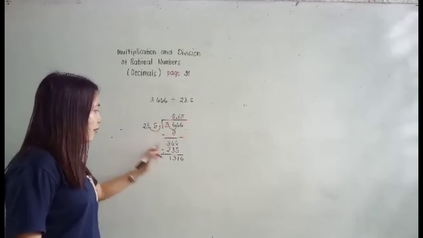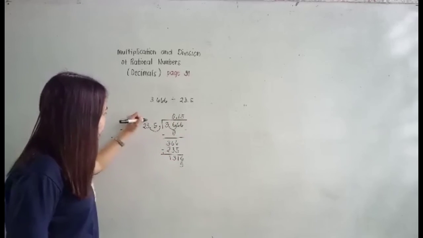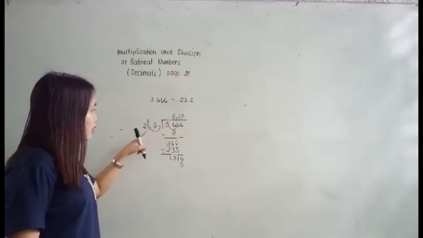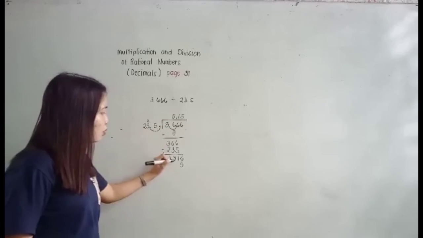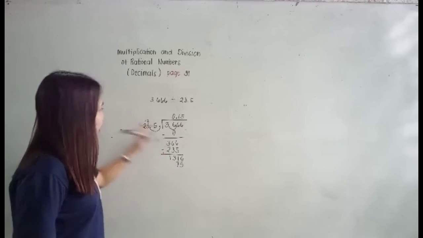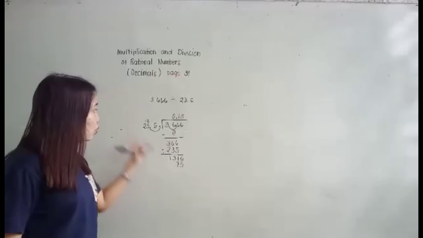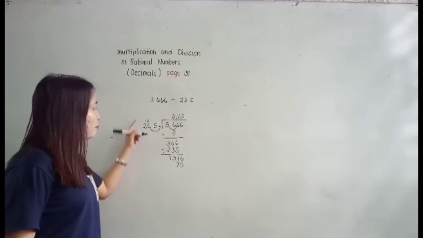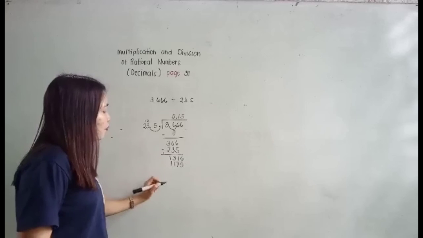So, 5 times 5 ay equals to 25. 5 times 3 ay equals to 15 plus 2 ay equals to 17. 5 times 2 ay equals to 10 plus 1 equals to 11.